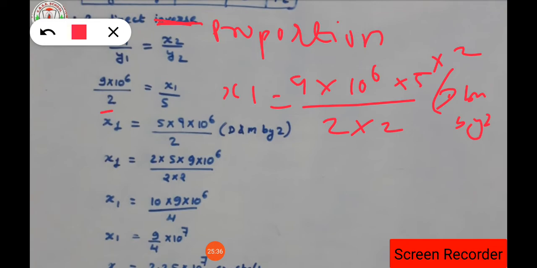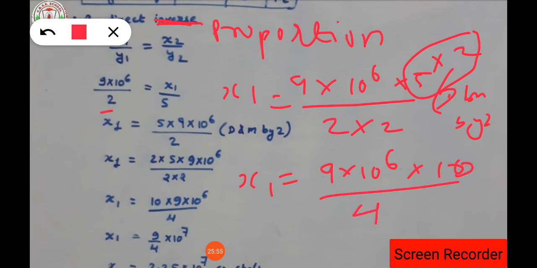Why are we multiplying? I will explain. x1 is equals to 9 into 10 to the power 6, and when we multiply and divide by 2, here 5 into 2 will be 10, and in the denominator it will be 4. So this 10 will be helpful for the 10 to the power 6. That's why we multiplied over here.